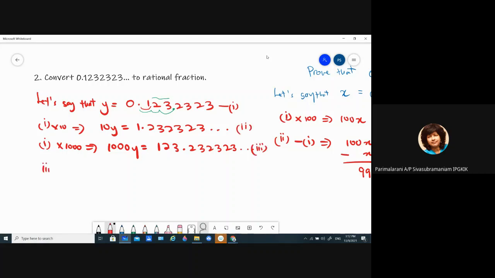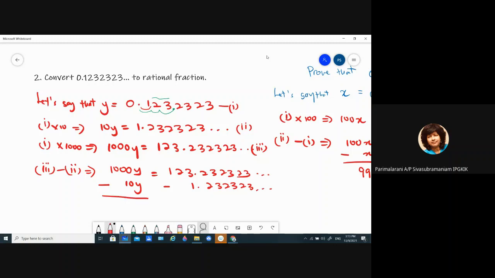So equation 3 minus equation 2, you have 1000y minus 10y is equivalent to 123.232323 minus 1.232323. Okay.